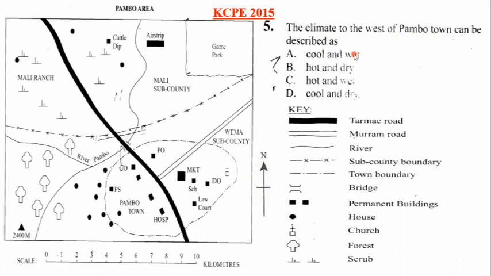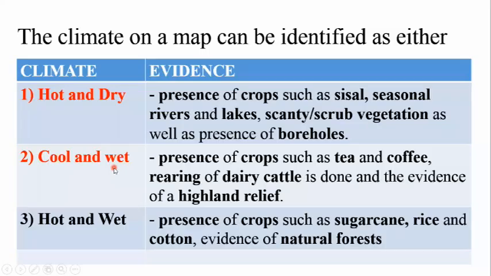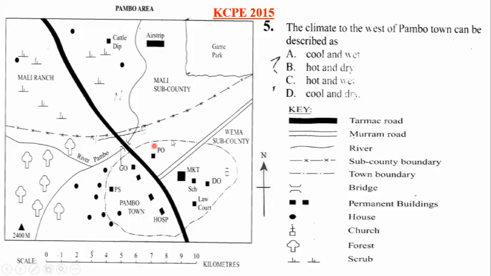So this is that area. We say that the question that may be tested may look like number 3, that the climate in the northeast or southeast point on a map can be described as. That is what has been done in question 5, that the climate to the west of Pambo town can be described as.